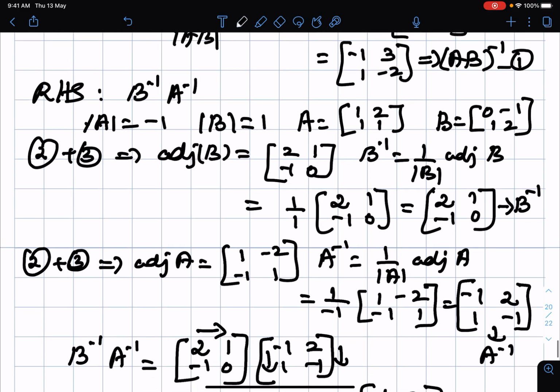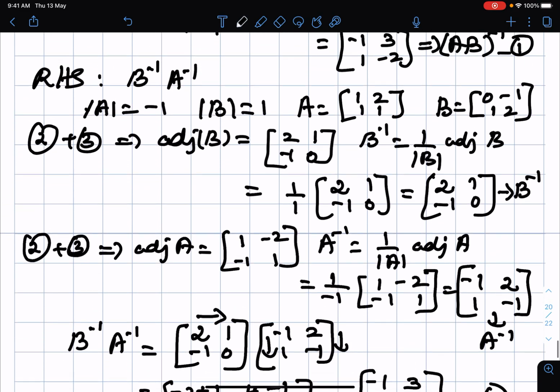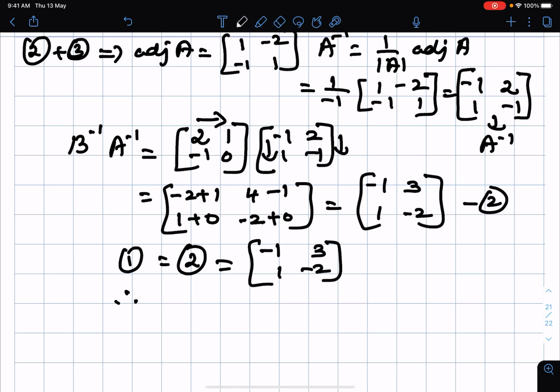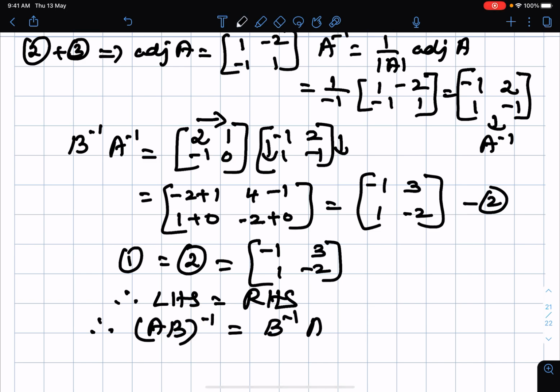AB inverse is minus 1 3 1 minus 2, so 1 equal to 2 equal to minus 1 3 1 minus 2. Therefore LHS equal to RHS. Therefore AB the whole inverse equal to B inverse A inverse. Thank you.